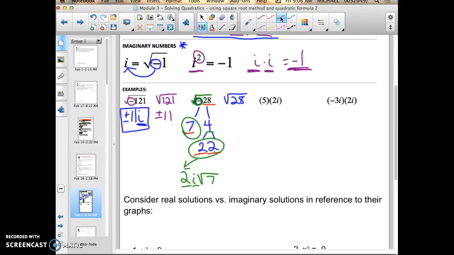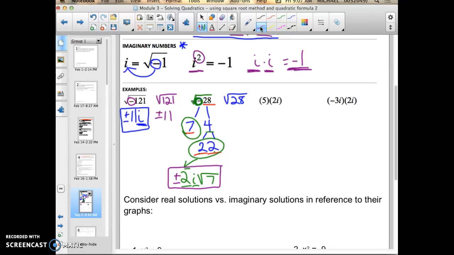Again, I use that I because it tells me that we're entering into the realm of imaginary numbers. And then finally, just like working with the square root of positive numbers, negative numbers still have a plus and a minus version that exist. So my final answer is the plus and minus 2i times the radical of 7.